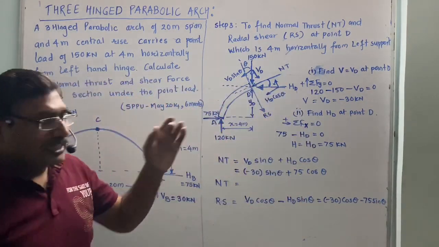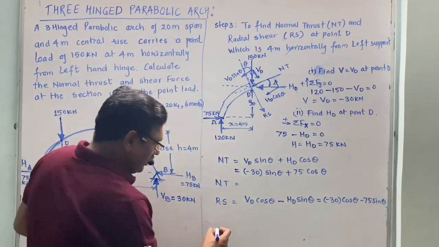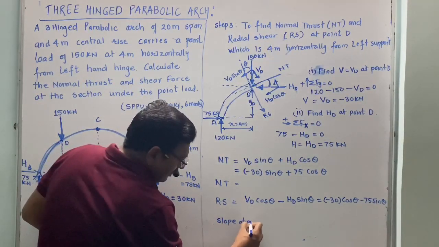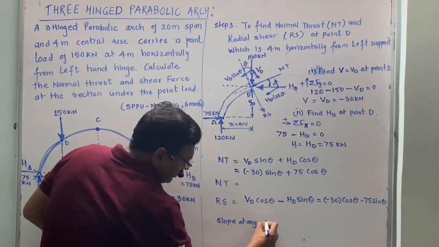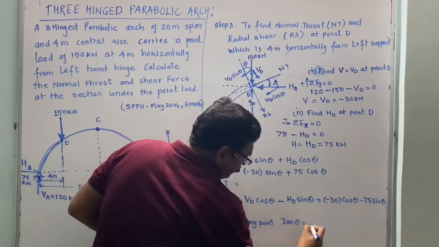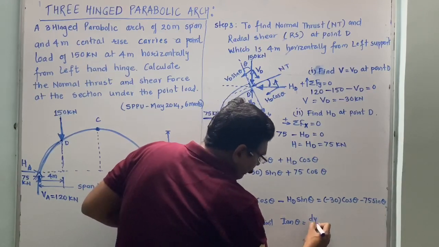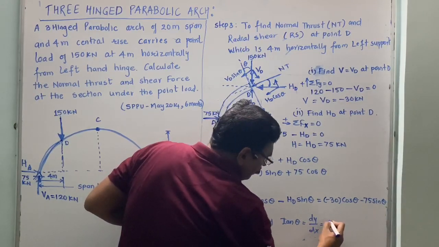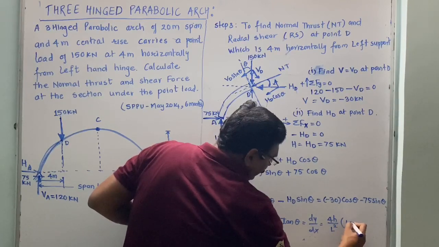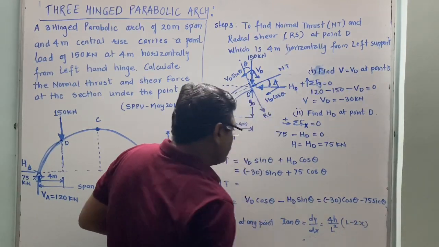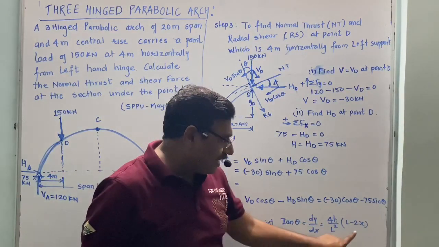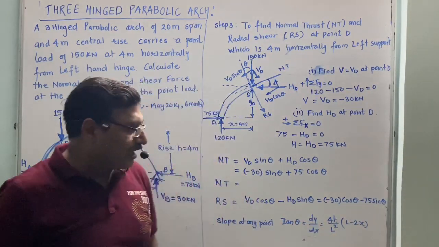Now to calculate theta at any point, we have the formula for slope at any point: tan theta is equal to dy by dx, which is 4h upon L square into L minus 2x. We know that h is the rise, L is the span, and x is the position at which we have to calculate theta.